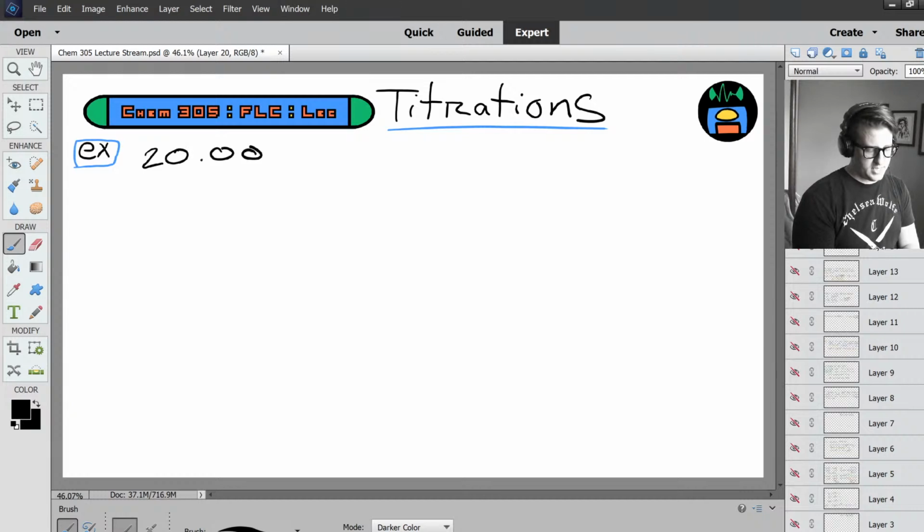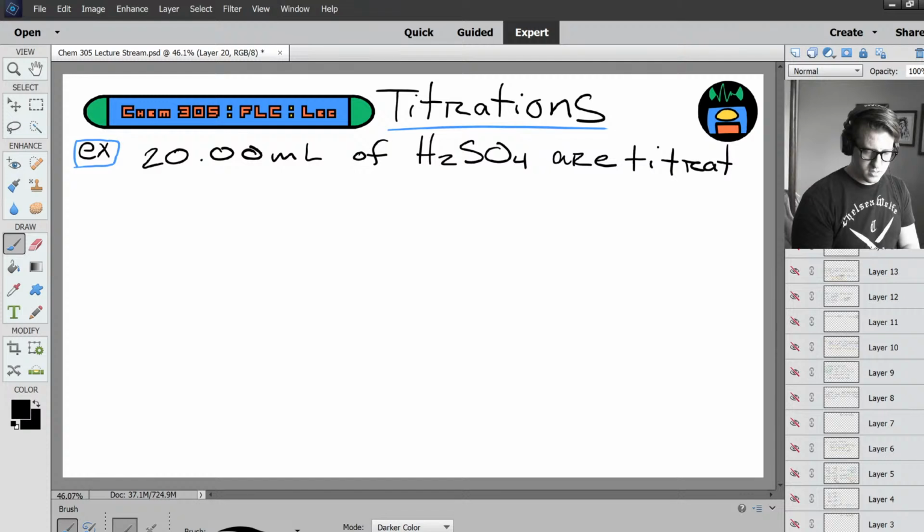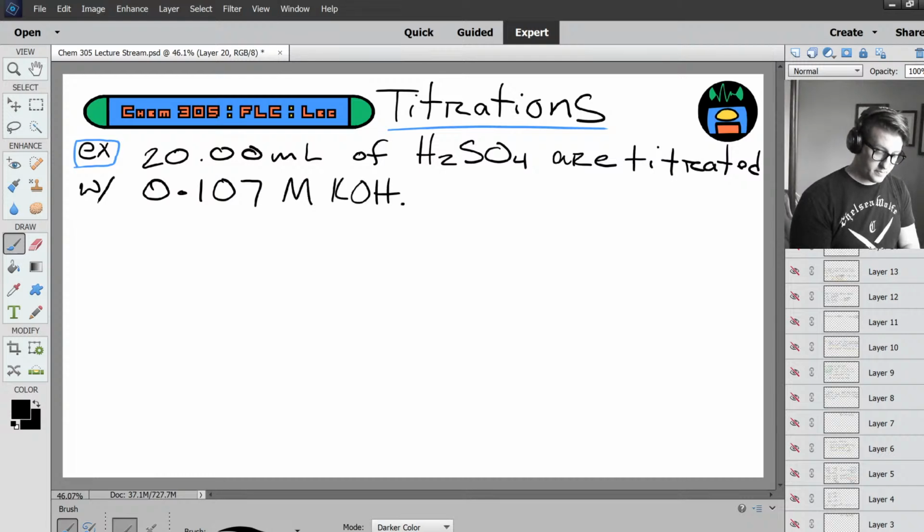20.00 milliliters of sulfuric acid are titrated with 0.107 molar potassium hydroxide.